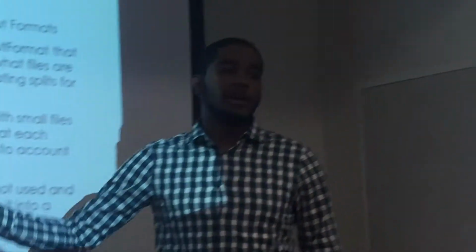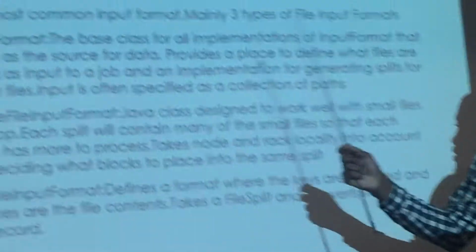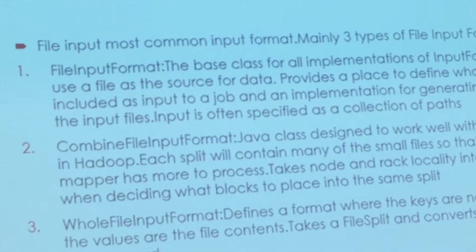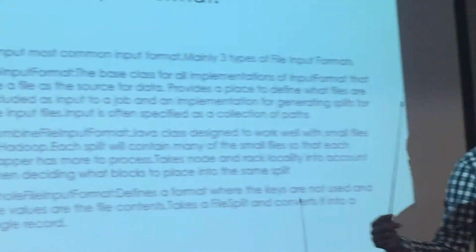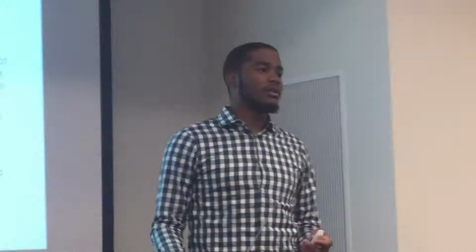Your file input format will do your MapReduce process from node 1. It will take all of your first record, so that's your first MapReduce process. Then it will take the second record, taking the half from your first node and the half from your second node and putting it together. So that's your second MapReduce, and your third MapReduce is on your second node with record 3.